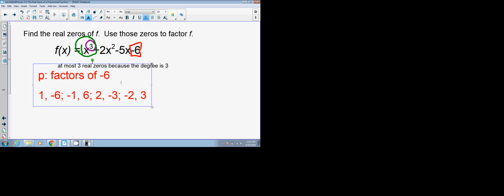So writing these factors in order, just because I like everything to be nice and neat, I have a +1, a -1, a 2, a -2, a 3, a -3, a 6, and a -6. These are all the factors of the constant term.